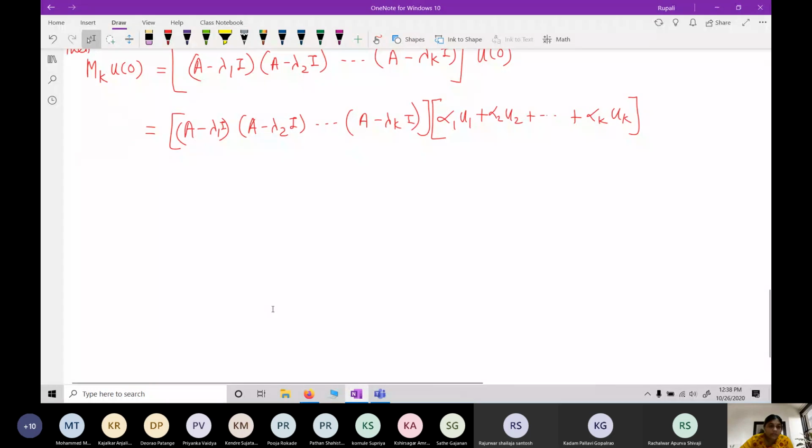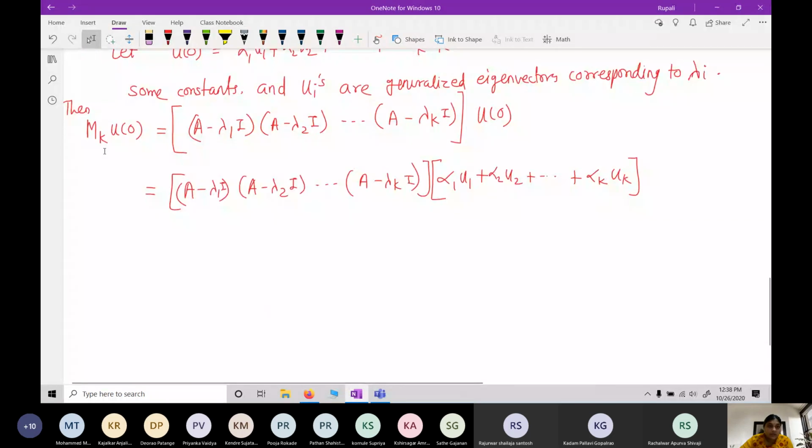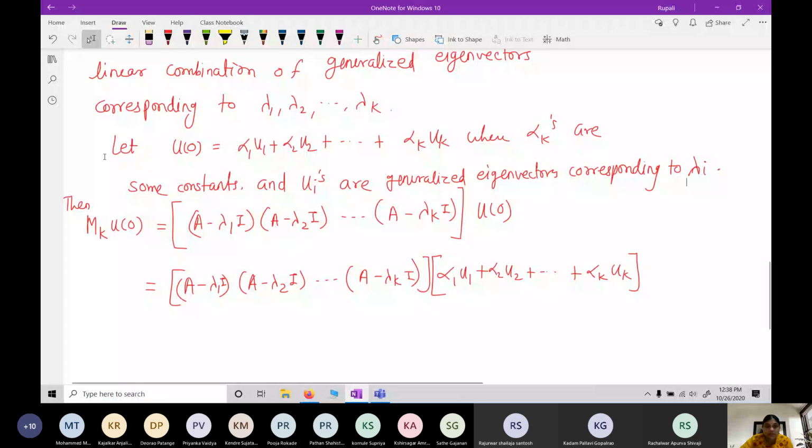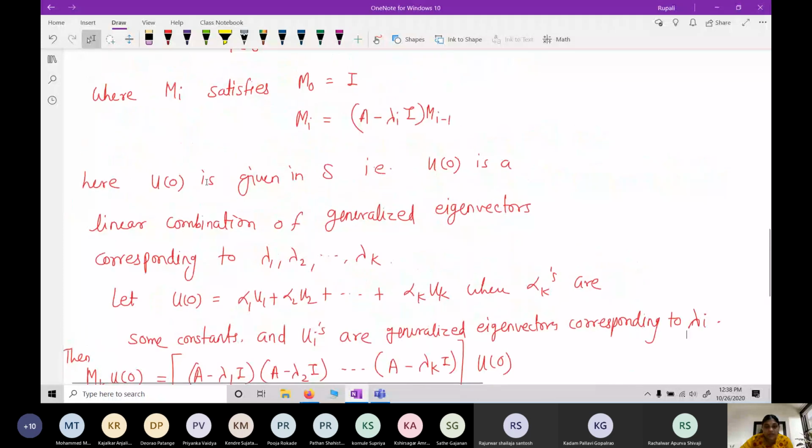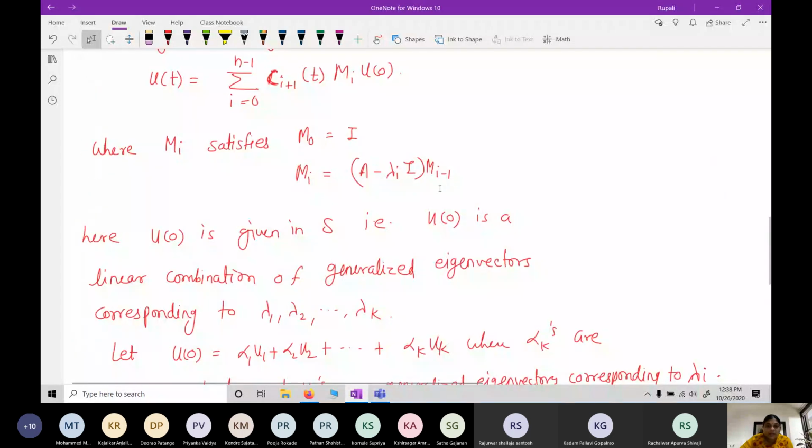What is my M_k? M_k is by this definition A minus lambda k times I, M_{k-1}. Again use the M_{k-1} definition. It will be A minus lambda_{k-1} times I, and so on. Is that okay? Please reply so that I can understand whether you are following or not. Yes, ma'am.